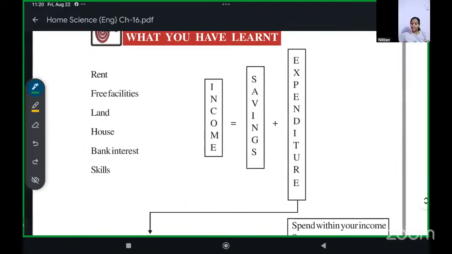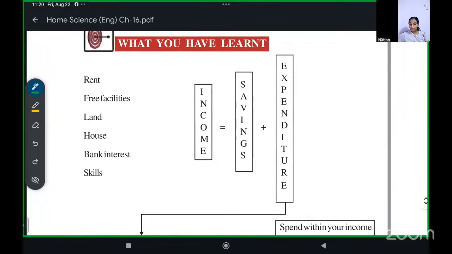Now, what have we learned? We learned about income, savings and expenditure. Income equals savings and expenditure, the two major components of income. It is not just spending, but also saving. Income consists of both saving the money and spending the money.